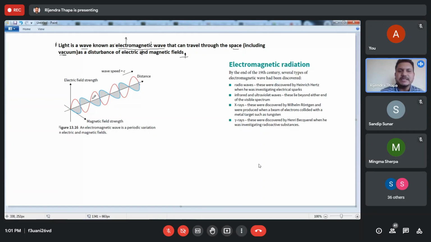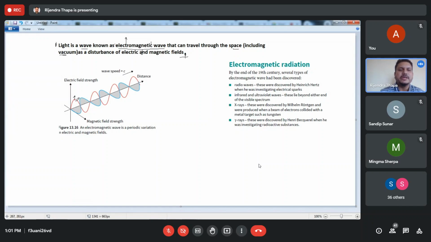When this magnetic field fluctuates, it in turn creates the electric field. So we can say the wave is created because of the charge oscillation, or because of the change in magnetic field.